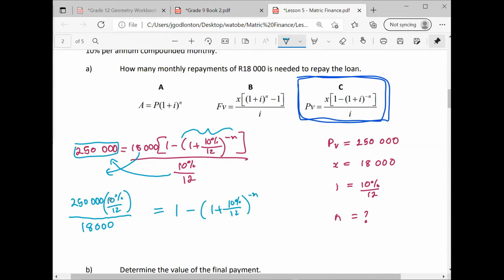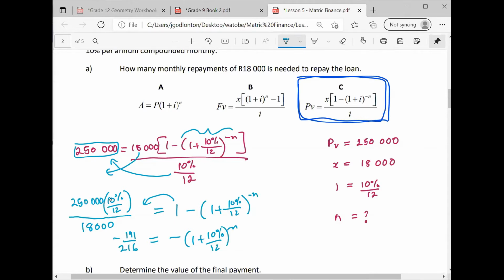So the next thing I want to do is move that 1 over. So I'm still on my calculator. I have 25 over 216, and I'm going to minus 1. Okay, now I have negative 191 over 216 is equal to negative 1 plus 10% over 12 to the negative n.